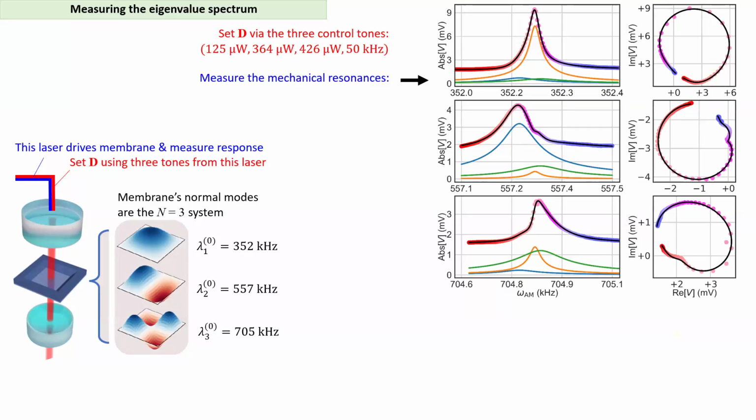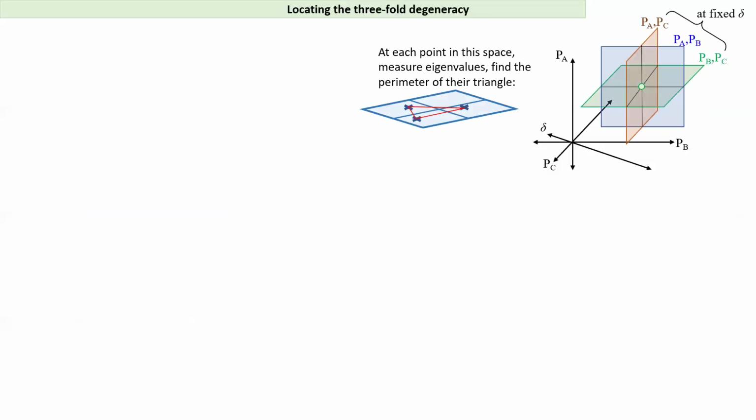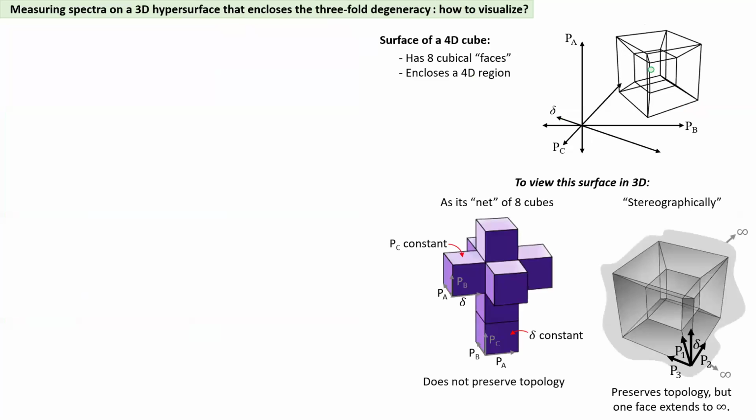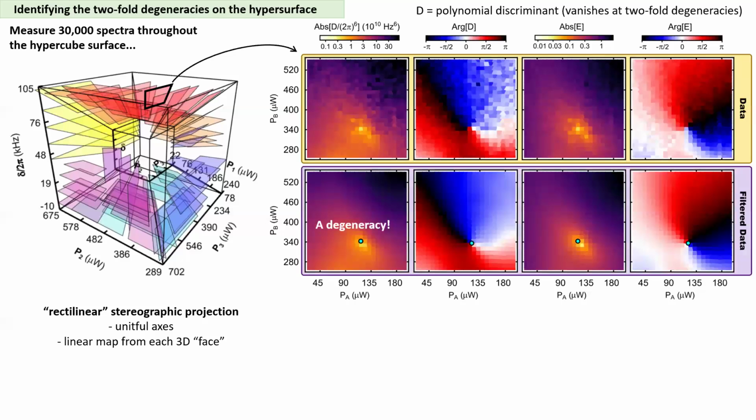No. We're not interested. Okay, partially, yes. Actually, yes, you're right. We're not ever particularly interested in getting close to that threefold degeneracy. We want to know it's there, so that we're enclosing it when we take our data. But when we get to the twofold degeneracies and we want to find this, there will be two that are sitting essentially on top of each other and one that isn't.